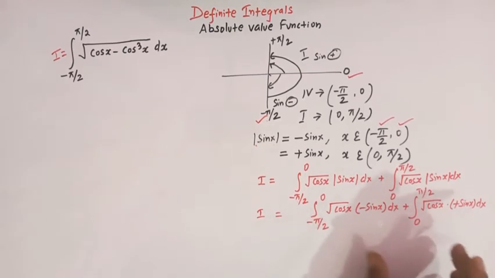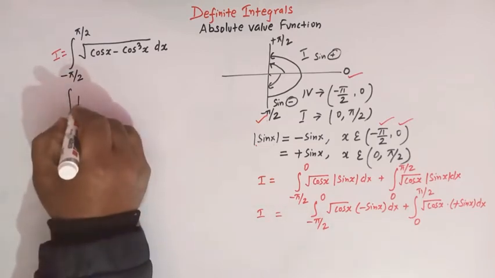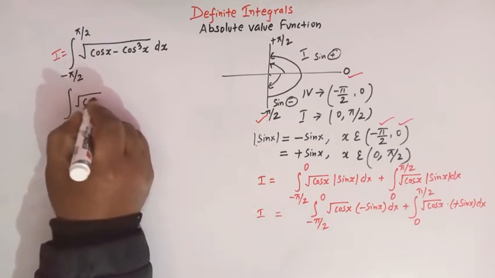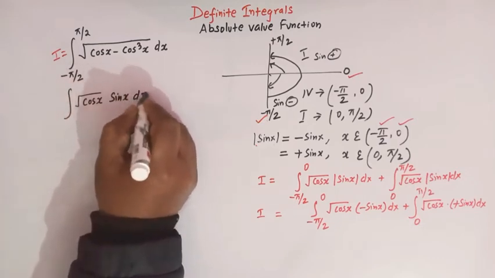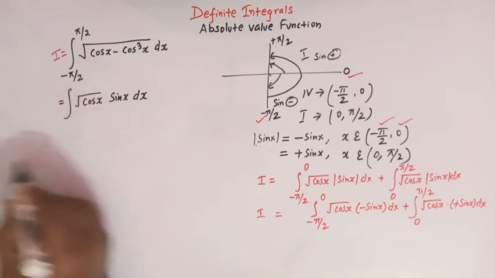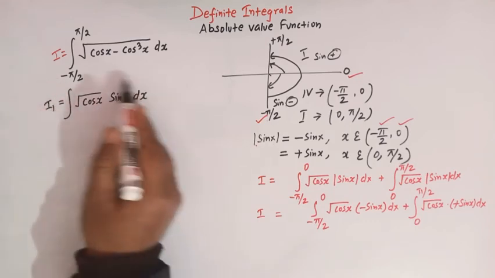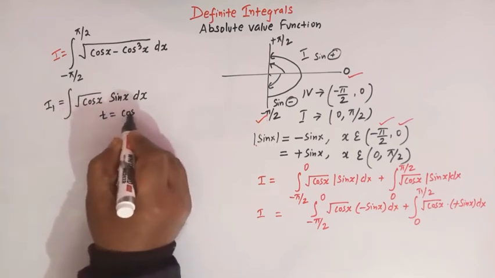So now in order to evaluate these two definite integrals, let us find out the indefinite integral, that is square root of cos x and sin x, right? So this integral can be evaluated by substitution method. So let us put t is equal to cos x, right?